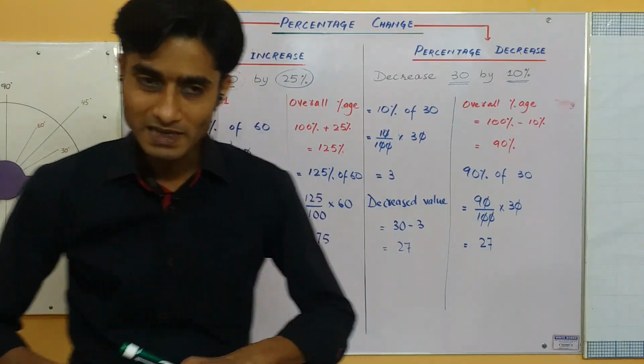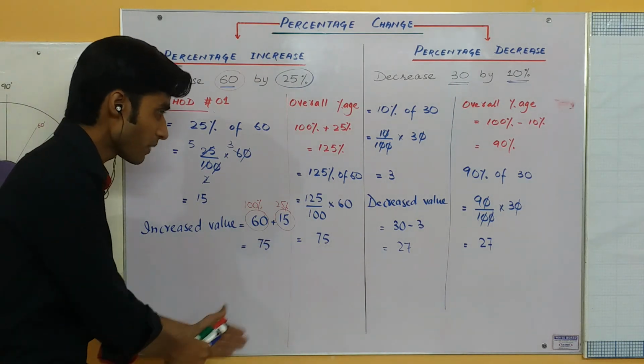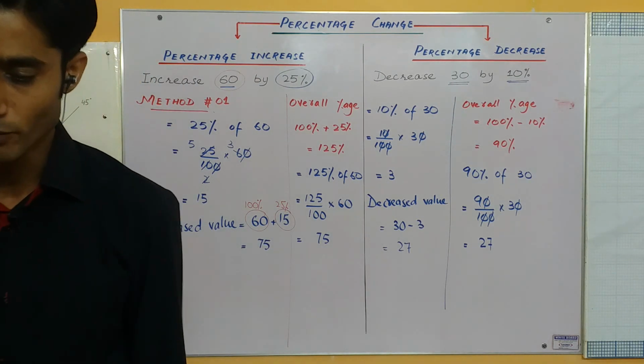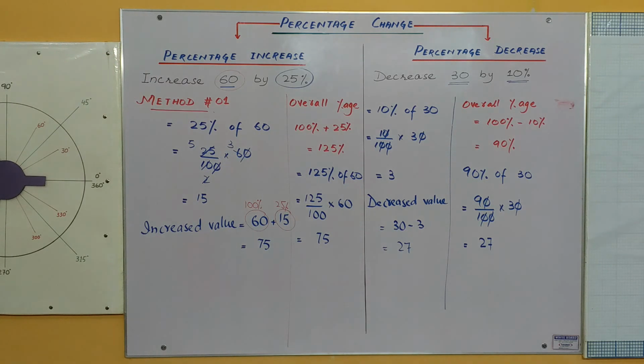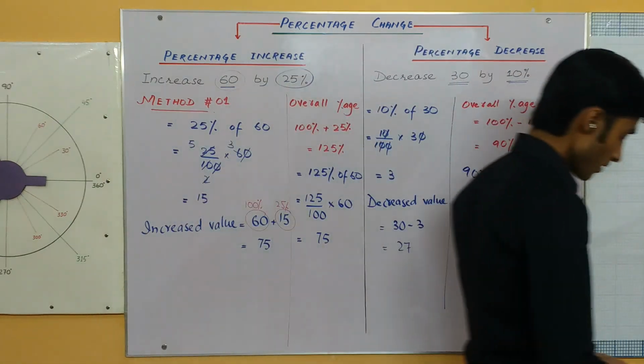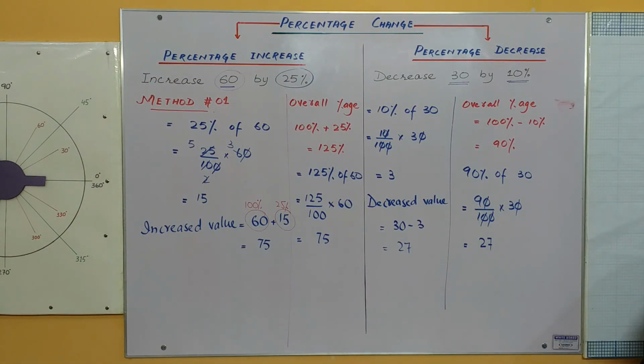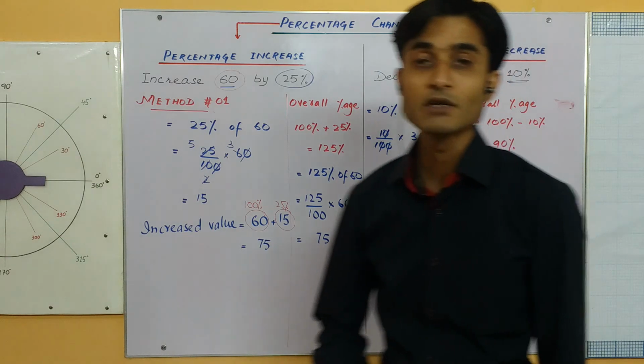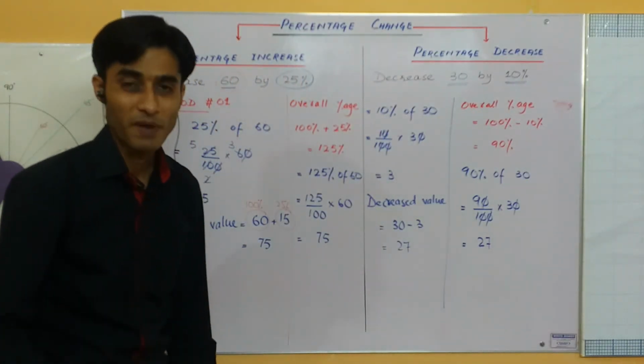So you see, no matter which method you use to increase or decrease the value, they both work. The only thing is you need to understand that both the methods work and both the methods are very important. In different situations, we need to use these different methods.